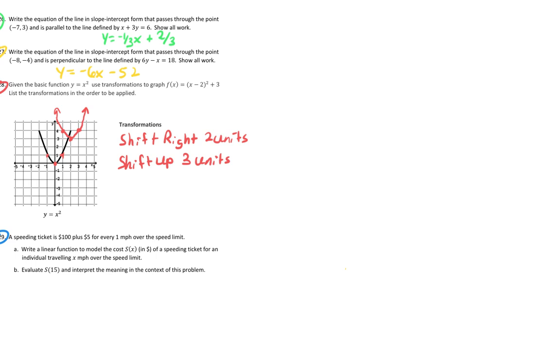So the usual linear, we would say y equals mx plus b. In this case, they want to call it S of x is equal to some value times our x plus some constant.